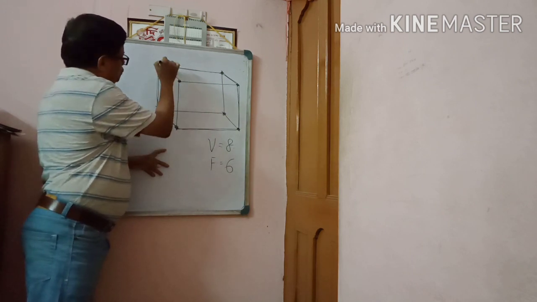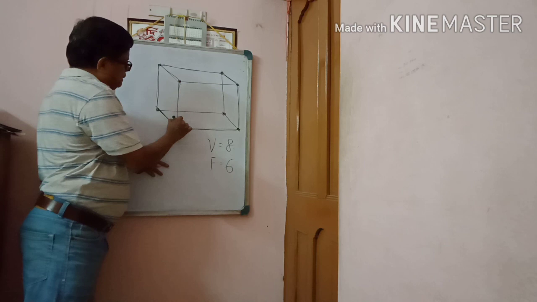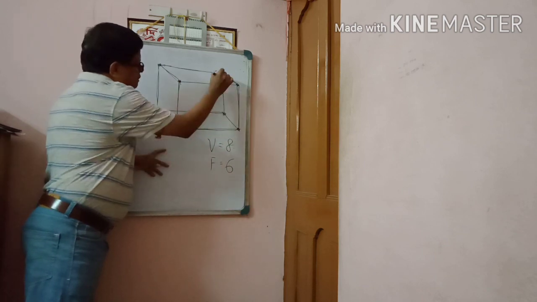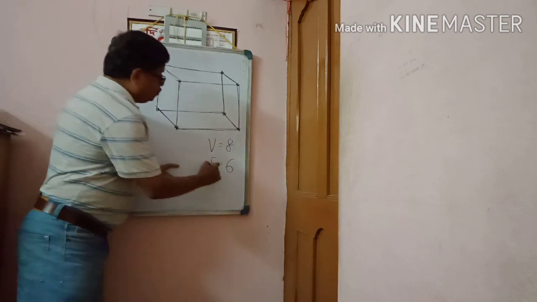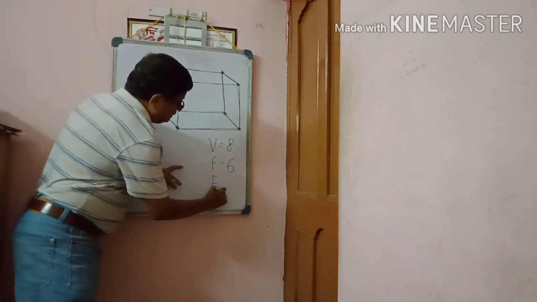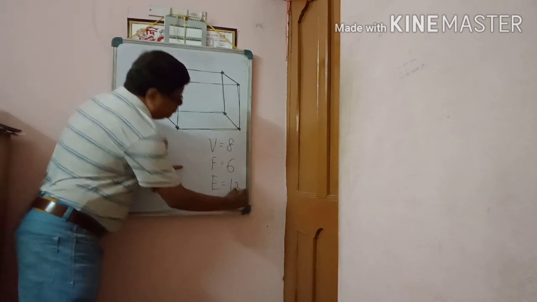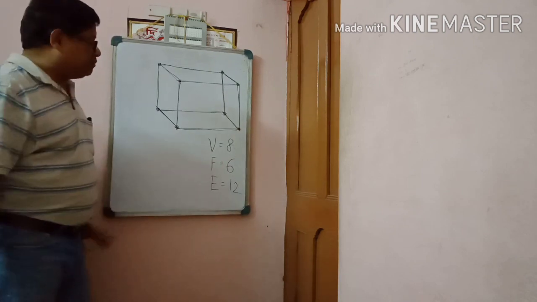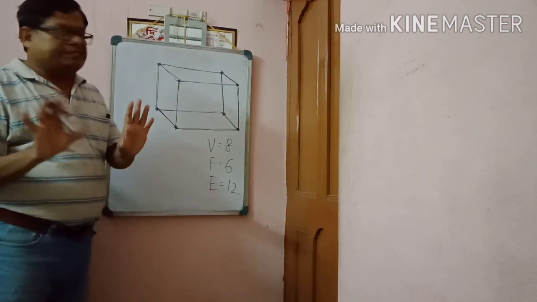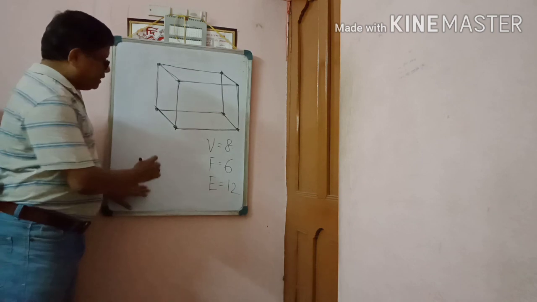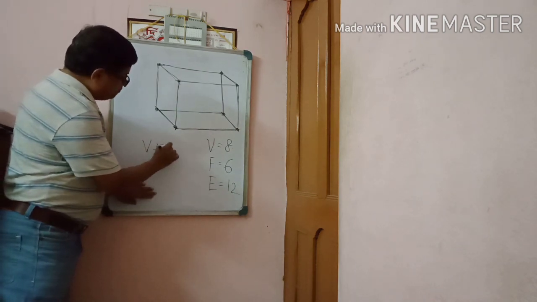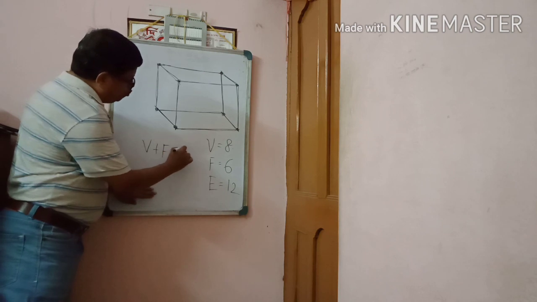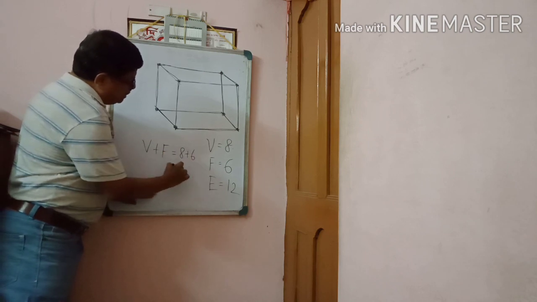Here also 7, 8, 9, 10, 11, 12. So total edges equal 12. We have to verify Euler's theorem: V plus F equals E plus 2, so 8 plus 6 equals 12 plus 2, 14.